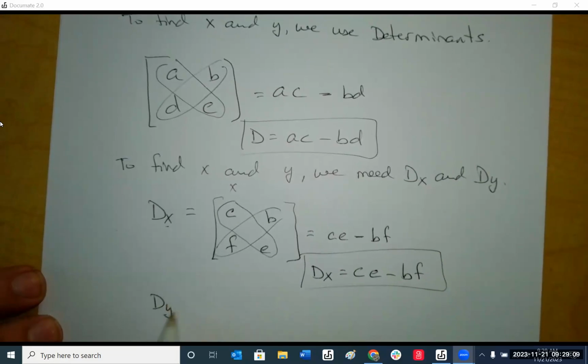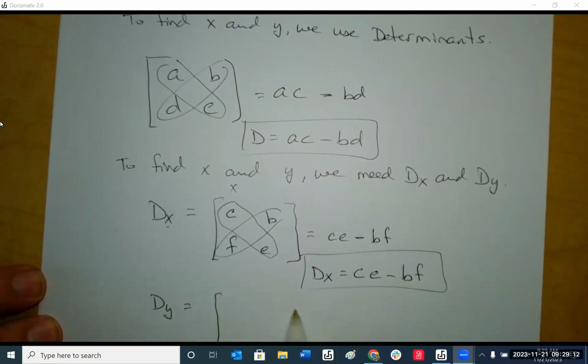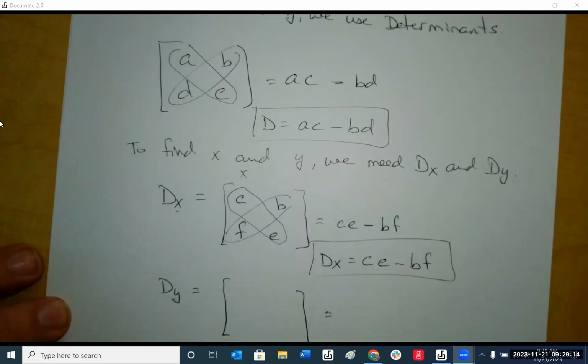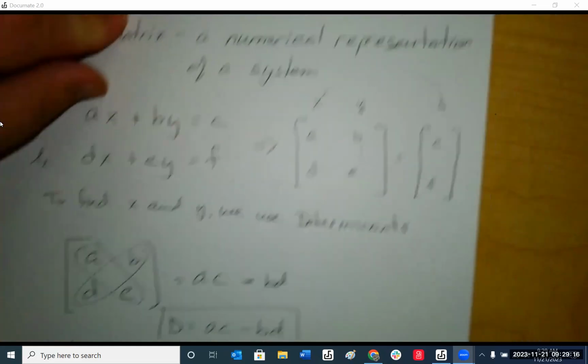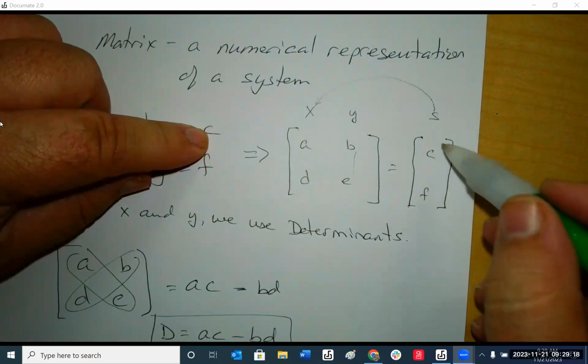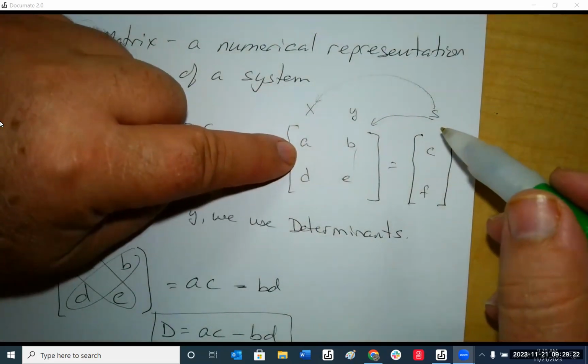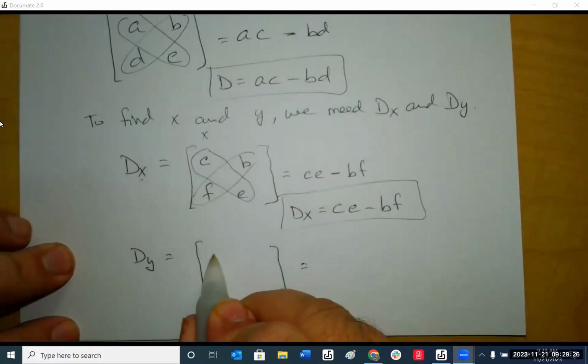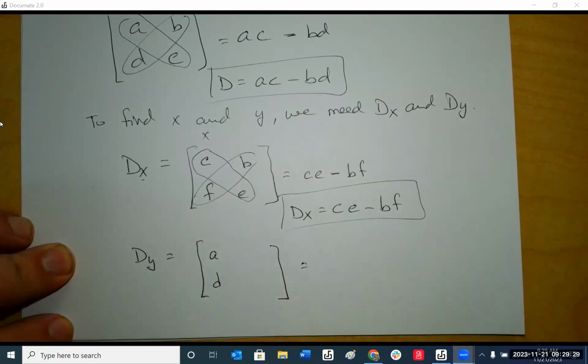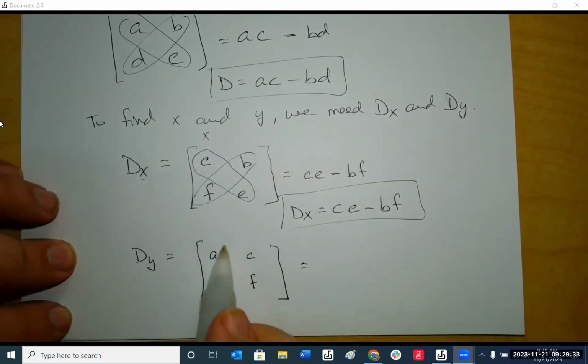My dy, I would take the solutions and put them in place of the y's. Leave the x alone. So leave the x alone, so it's AD, and the solutions go in the y column, CF. And we do the same thing.